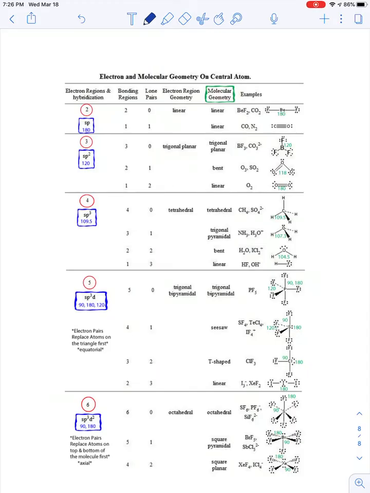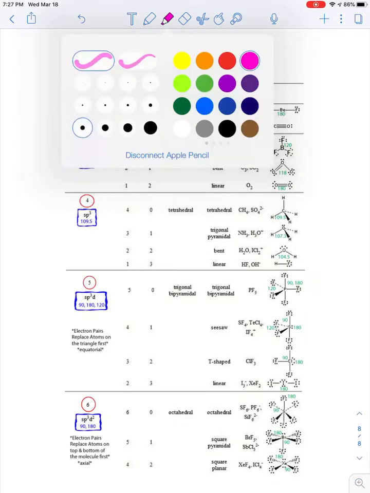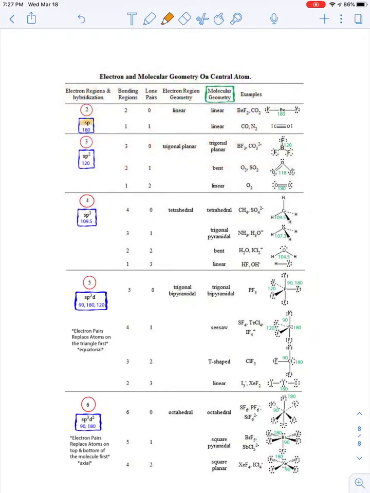And now that you have open notes, you are super lucky. I want to point out these letters here, these SP letters. They're huge in this chapter. The great thing is that if you know the bonding going on, so if you know it's linear, you can say that's SP.